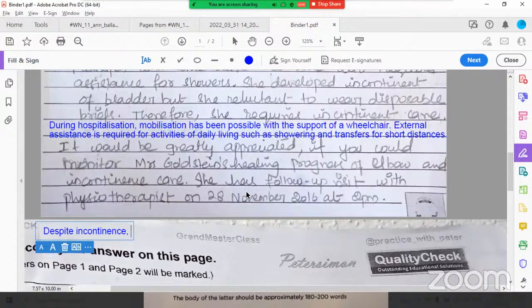Despite incontinence, reluctance to wear disposable briefs has been expressed, or noticed or observed.